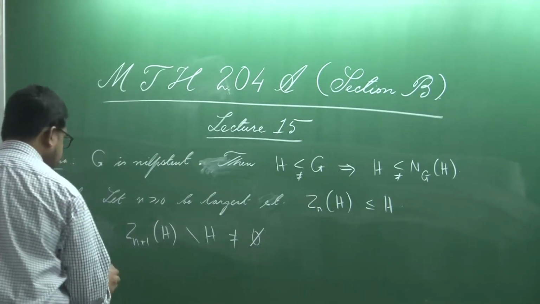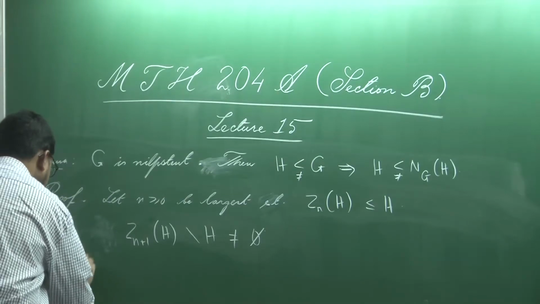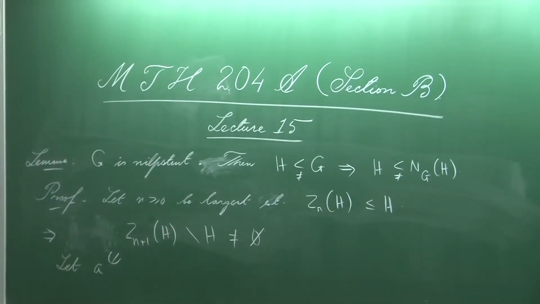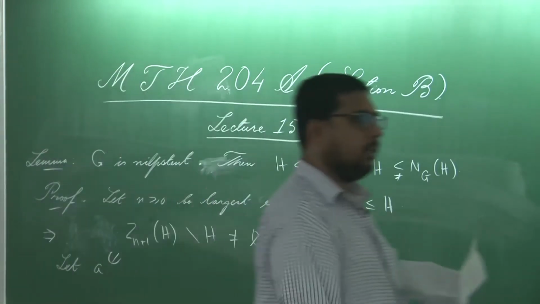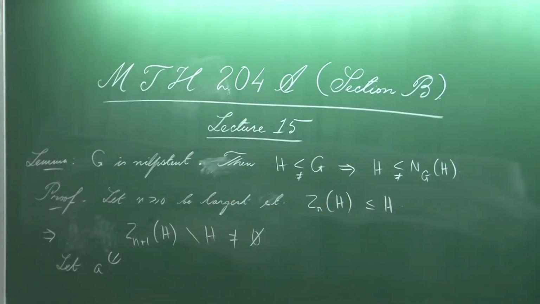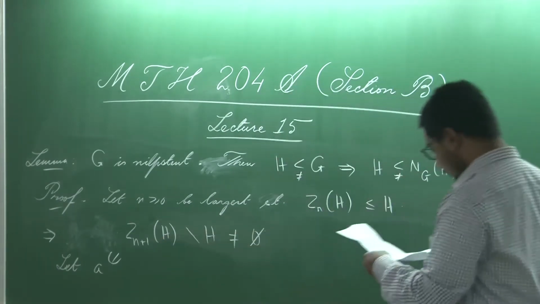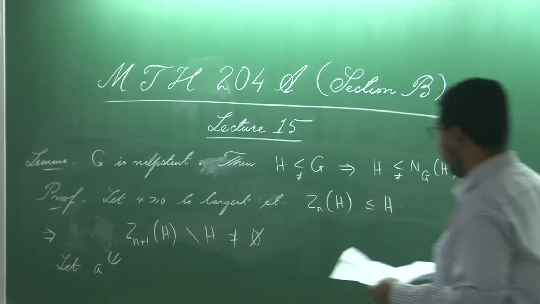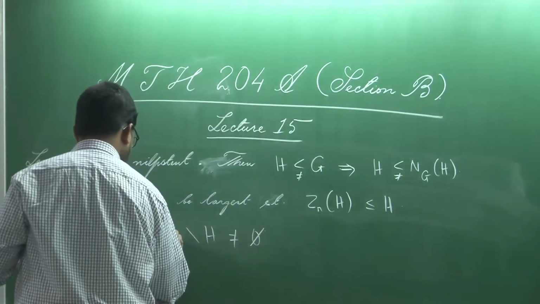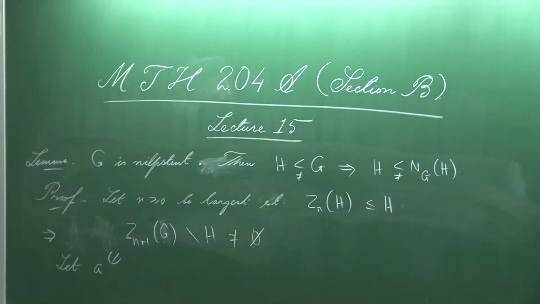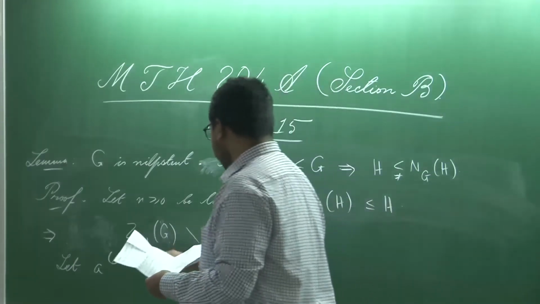Now what we do is we pick an A from this collection. What we are going to show is the rest of this argument will hold for any A lying here. Sorry, I think Z will be ZG. So what do we have about that? What is Z_{n+1}G?